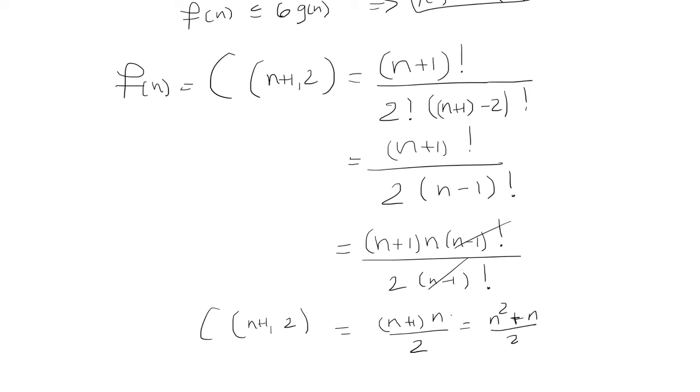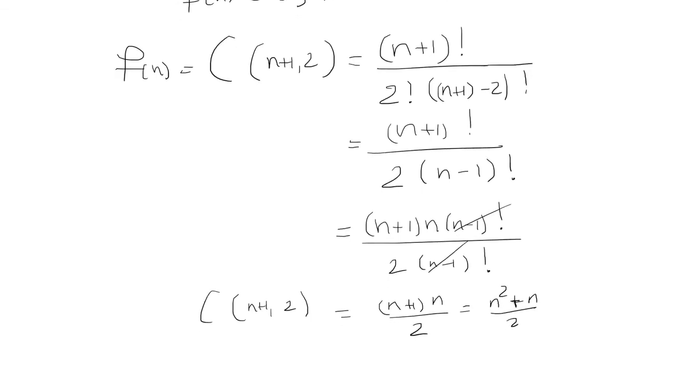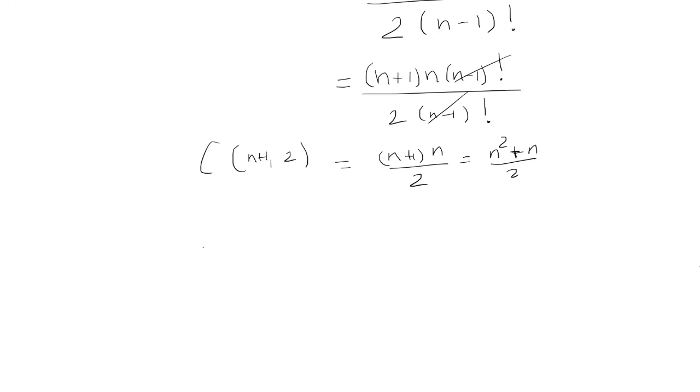Okay. So I really simplified this into a nice function. So now I want to show that this is big O of n squared. So recall, I want to find some capital M such that f of n is less than or equal to M times g of n.